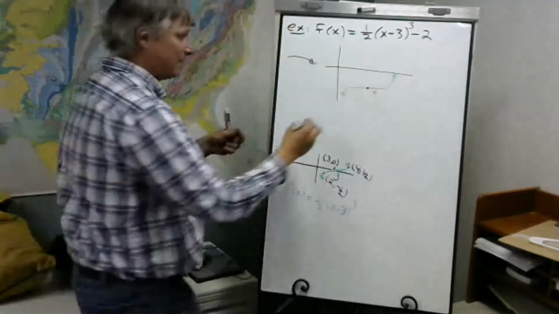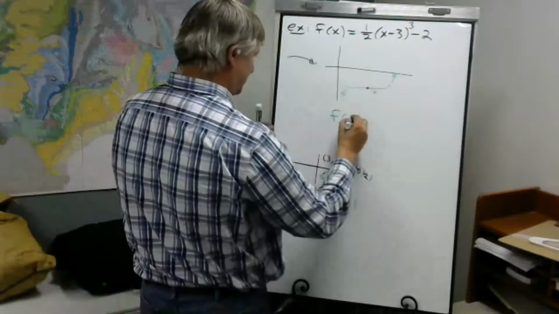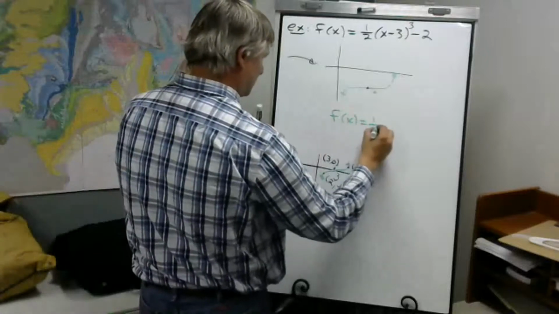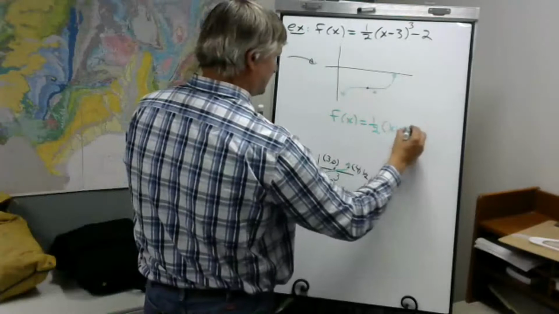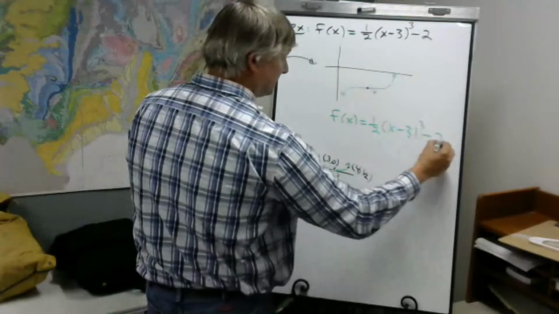So we have f of x equals 1 half x minus 3 cubed minus 2.